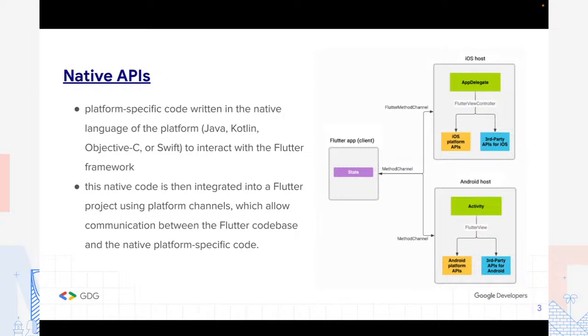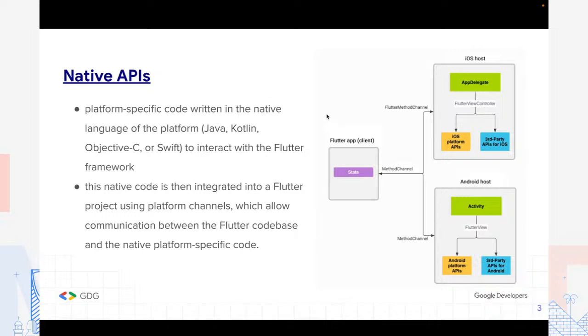You will be integrating all of that in Flutter, and with the help of Flutter, you're going to make the platform code talk with the device. So this native code is then integrated into a Flutter project using the platform channels, which will allow communication between the Flutter code base and the native platform specific code.